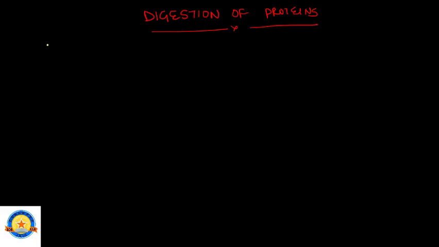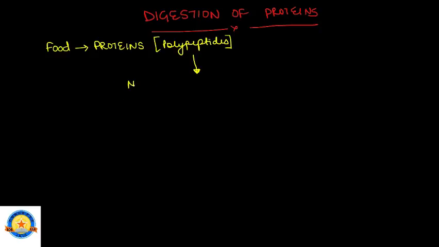So first of all, food. Food consists of proteins. What are these proteins actually chemically? They are polypeptides. Now in the mouth, what happens?